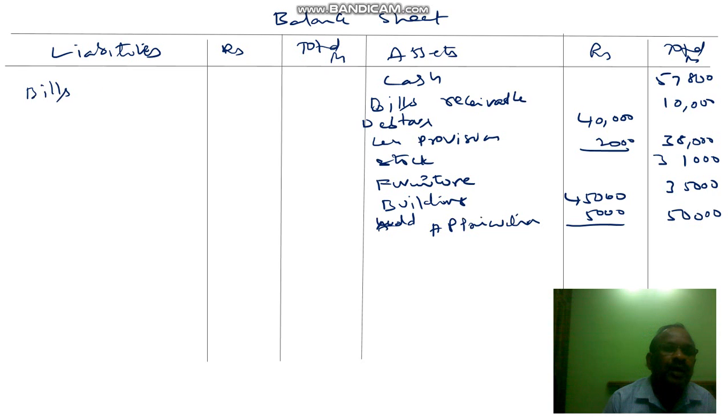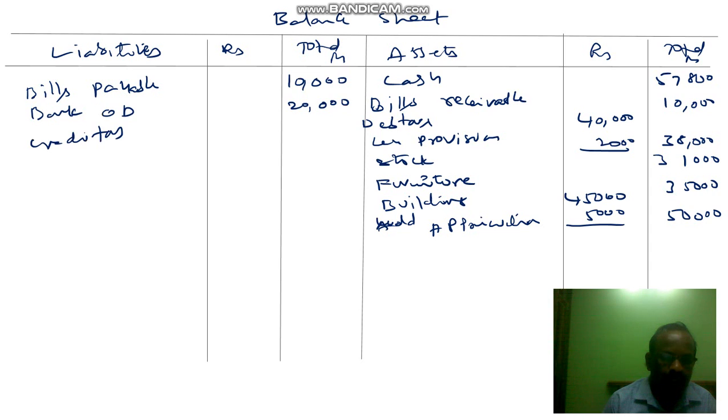On the liability side, bills payable. Here the bills payable is 10,000. Next, bank OD. Here the bank OD is 20,000. Here the creditors is 25,000.